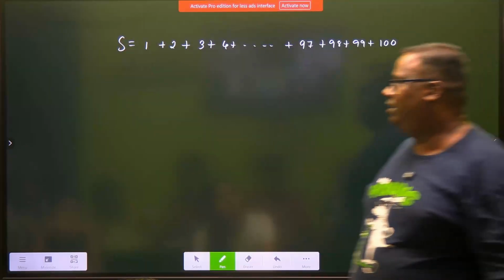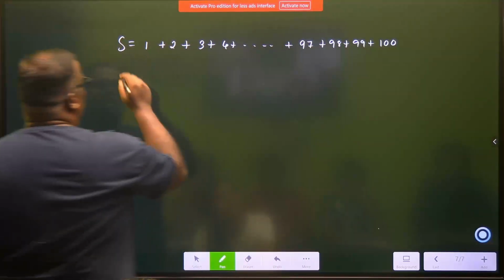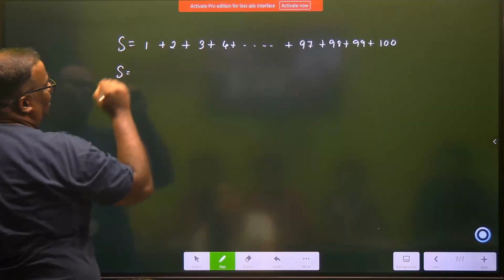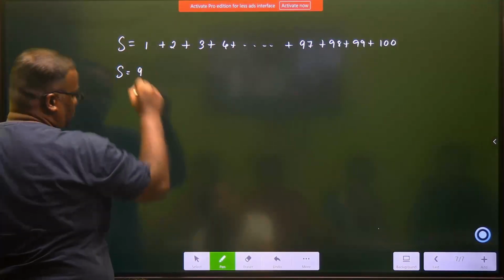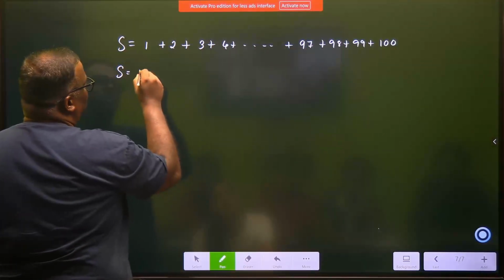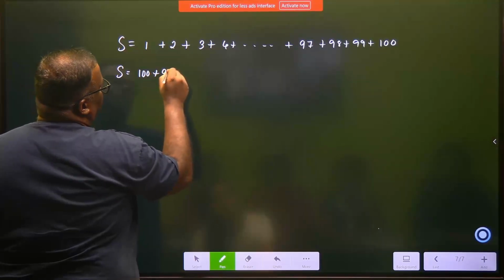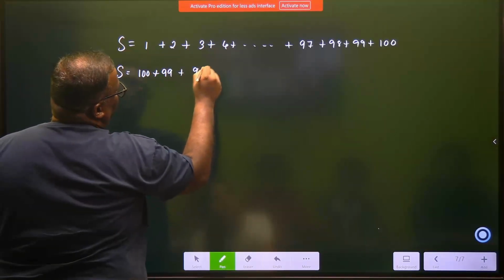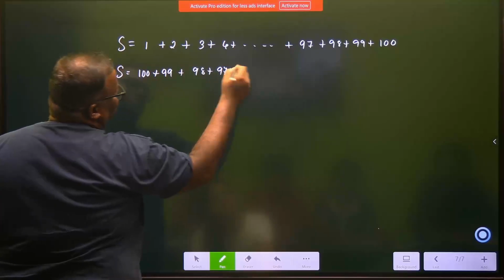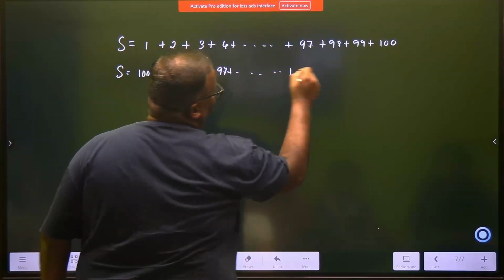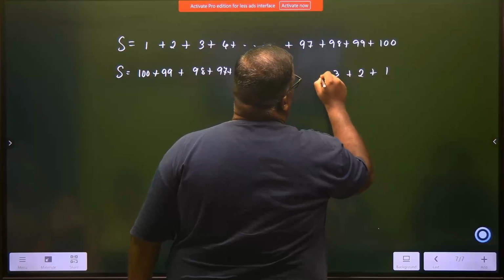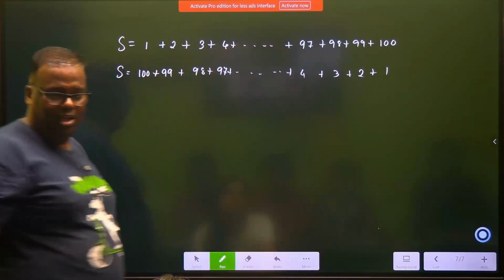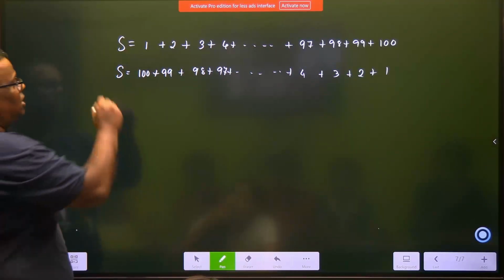What that boy did, this is around grade 6 or 7 at that time. He started writing this in the reverse manner: 100, 99, 98, 97. See, this is what we will not think, right? So here he should get 1, 2, 3, and 4. Agreed? See what the guy did.